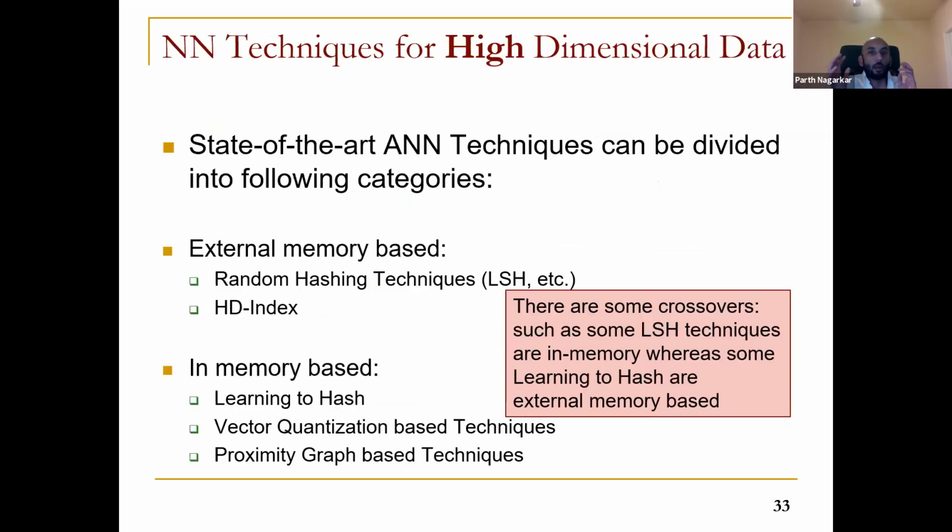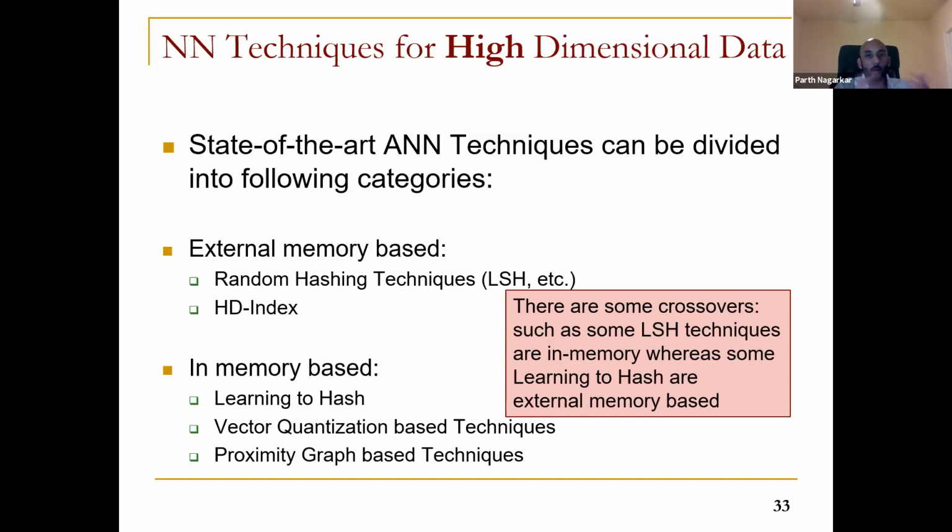There are many different KNN techniques nowadays, and we decided to categorize them based on these categories. First we talk about external memory based and in-memory based techniques. Please note that there are many crossovers nowadays, and I will mention some names of these crossovers in the next few slides.